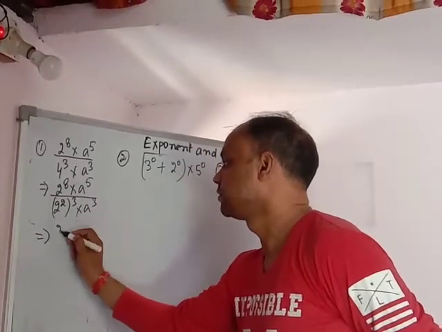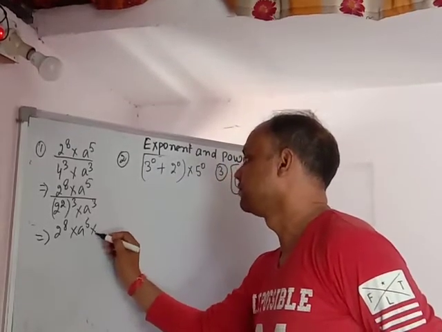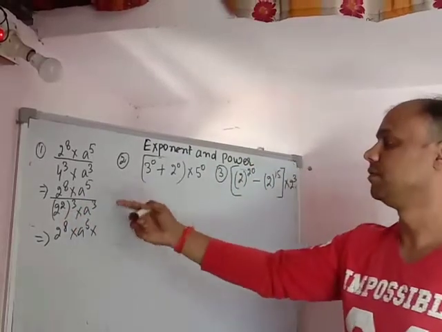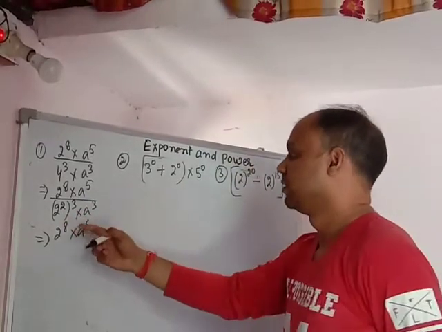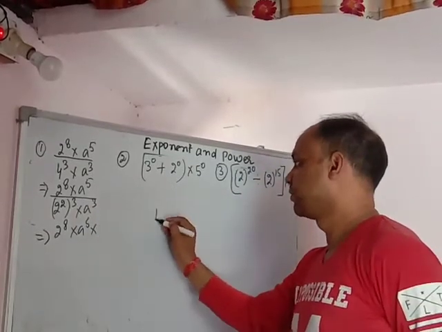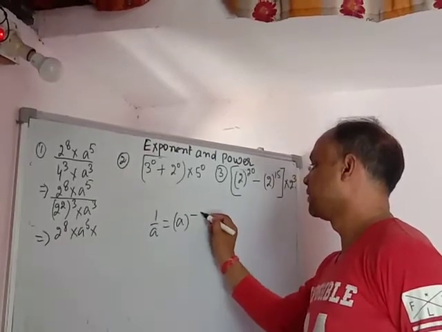Now when this denominator moves to the numerator, we have to use the law of exponent: 1 upon a equals a raised to the power minus 1.